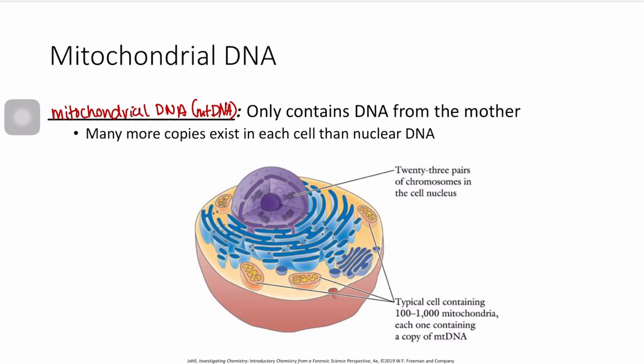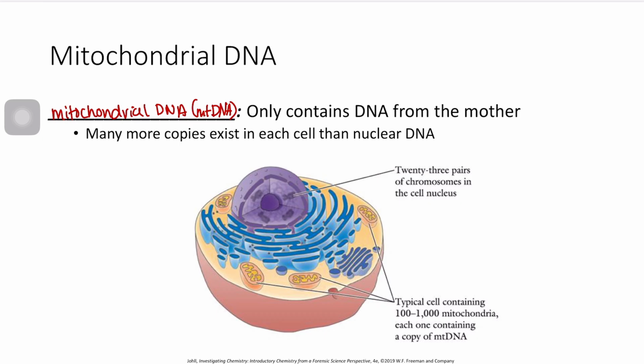Now, mitochondrial DNA only comes from the DNA of the mother. And there are a lot of benefits to this. The differences between the mitochondrial DNA and the nuclear DNA present a lot of useful properties in forensic science, but it also has some that are not very useful.